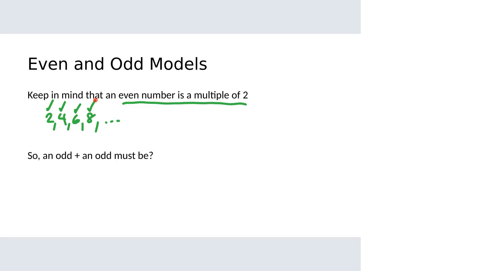So a way for us to draw an even number, just any random even number, is with a bar like that, and a bar like this. Because what we're saying is, whatever this thing is, if we double it, it's an even number. You'll notice this even number doesn't have anything hanging off the sides.